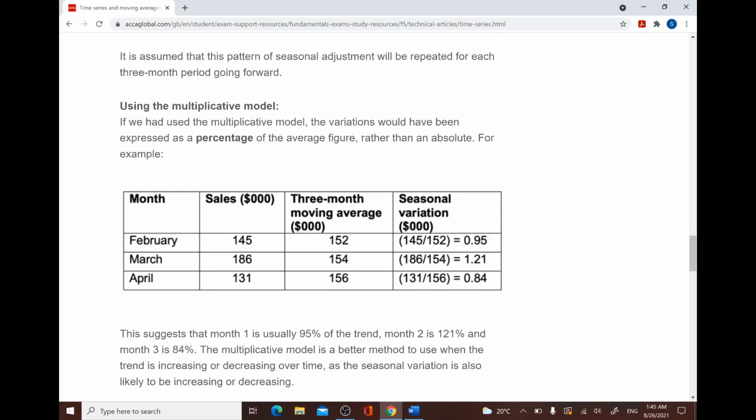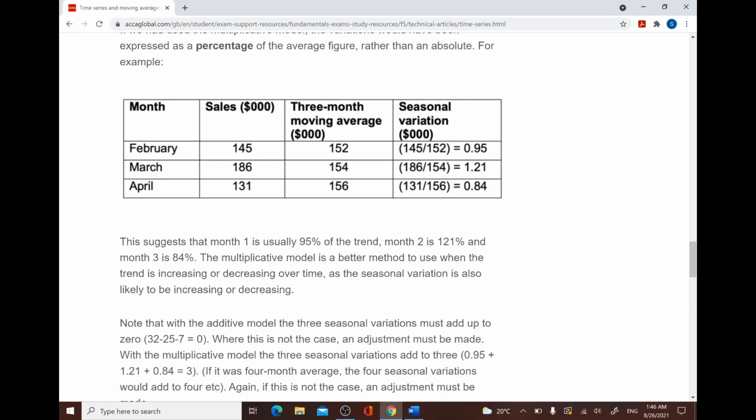So therefore, what about the use of the multiplicative model? Now, if we had actually used the multiplicative model, the variation would have been expressed in terms of percentage rather than absolute. So let us see. Now, we're talking about using sales, which is Y, and dividing by T. So you can see 145, this is Y divided by T, and this is about 95%, 0.95.